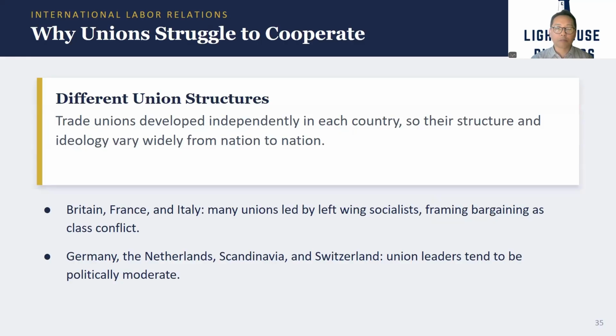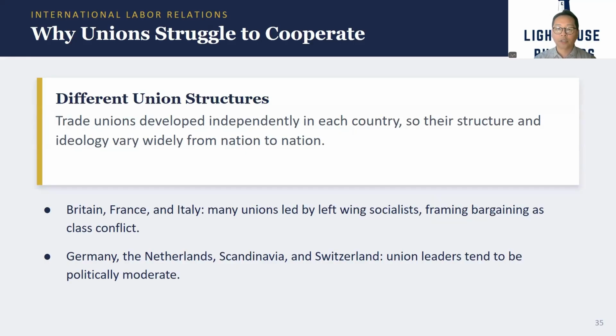Beyond simple job competition, there's a deeper reason cooperation among unions is so difficult. Trade unions developed completely independently in each country, so their structure and their underlying ideology vary widely from nation to nation.